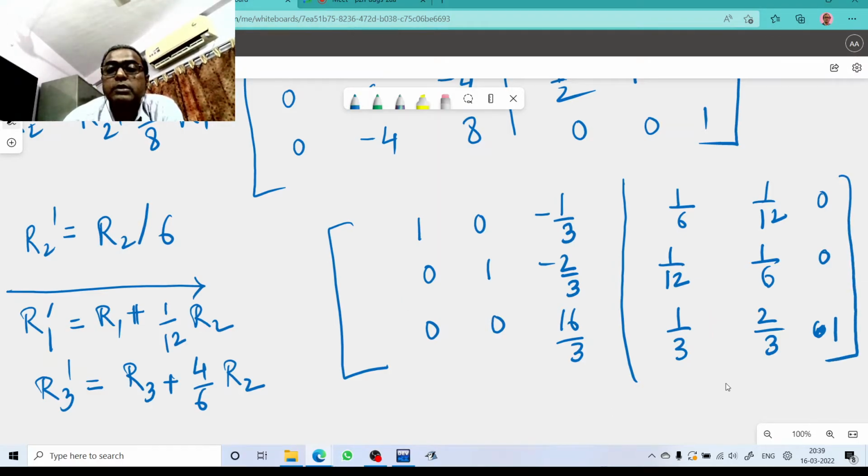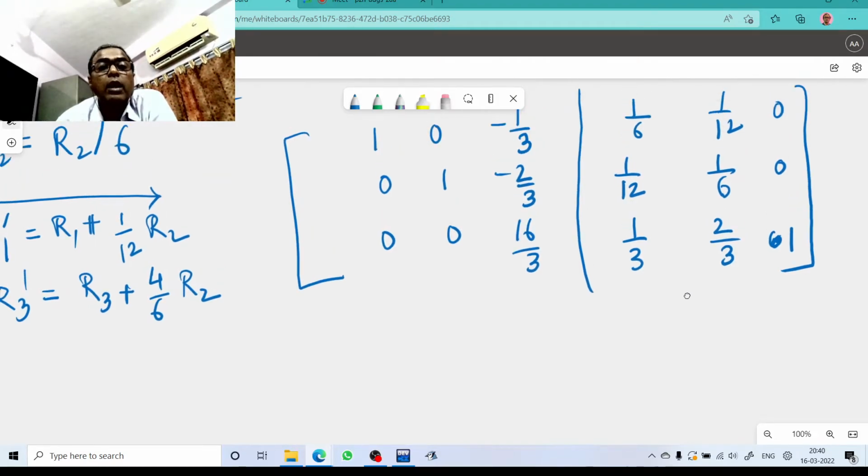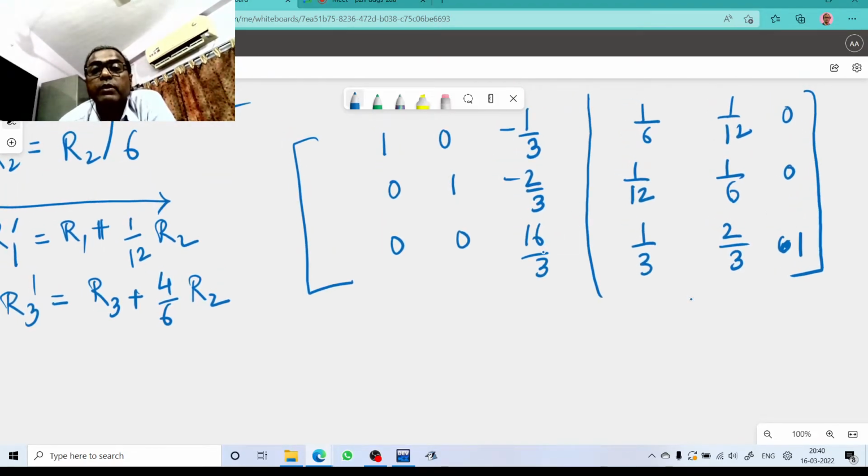And the last step, we get 1 in the 3 3 position, and the other elements in this column we get 0.